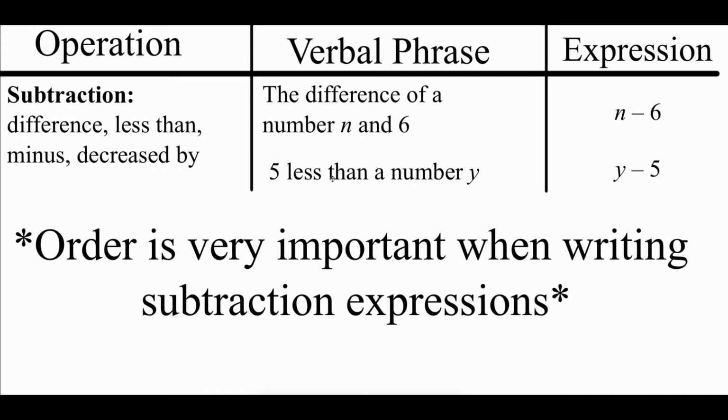Similarly, in this next one, we've got 5 less than the number y. So we're taking the 5 away from the number y because it's 5 less than whatever that y value was. That's why we're doing y minus 5, in that specific order. So again, with subtraction, you have to be very careful about the order that you're putting things in.